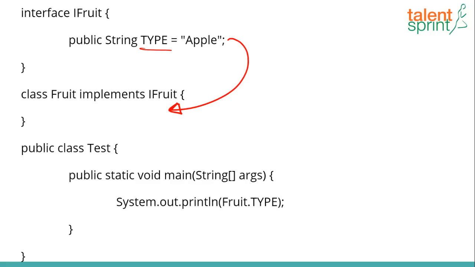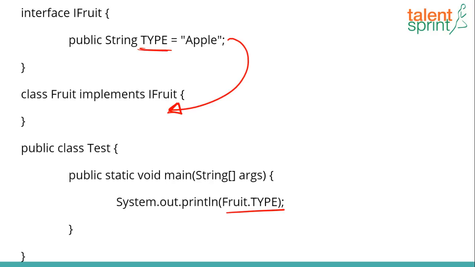Okay, so when you implement the iFruit interface in the fruit class, this variable that you have created here by default becomes a part of the class fruit. And now inside your main, when you say fruit dot type, you have not created an object, correct?